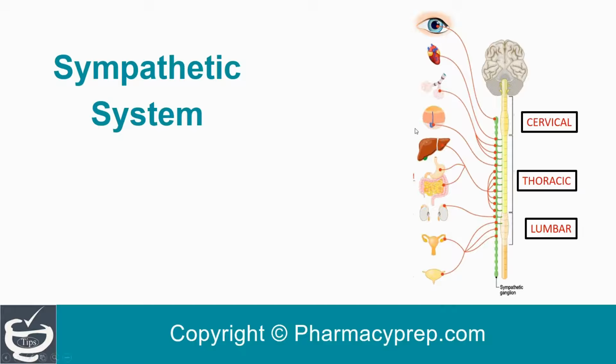And those neurons, preganglionic and ganglionic neurons, produce the effects on the effector organs.